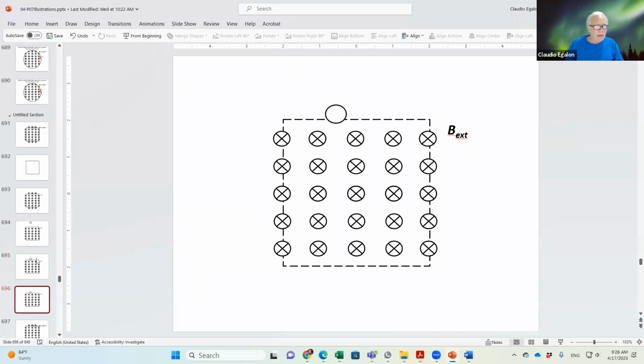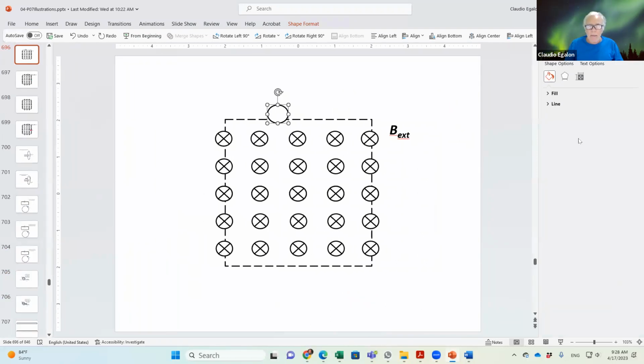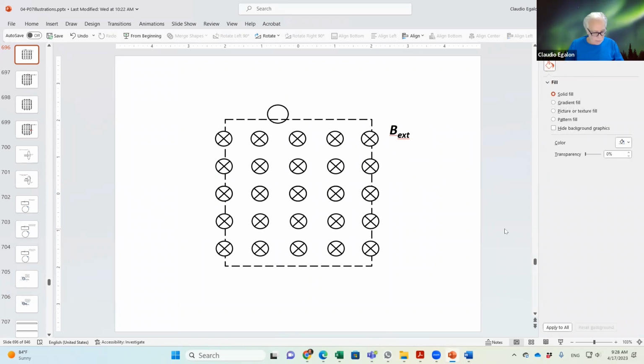But as it starts to pass through this region, I'm going to make it a little transparent. Yeah, you know what? I'm going to leave it the way it was. I don't like those dashes in there. The moment it starts to cross the region of magnetic field, we have a magnetic flux given by this B field right in here and the area of the circle.